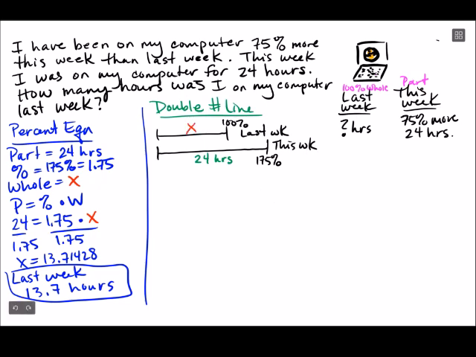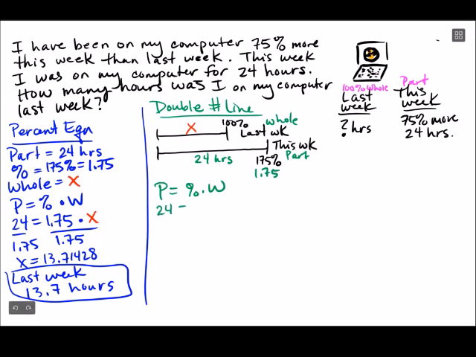And then this is my part, this is my whole, my percent, 1.75 is a decimal. And it allows me to simply do my percent equation, part equals percent times whole, but using a visual aid.